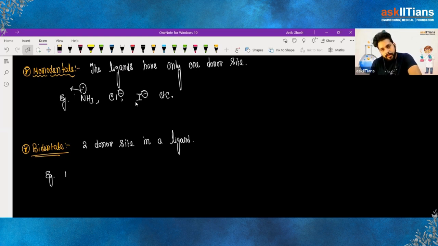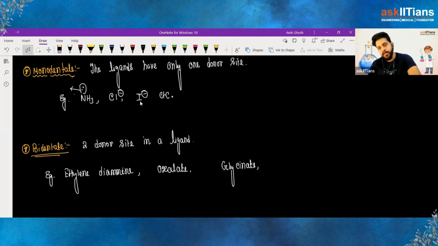One is ethylene diamine. Guys, two ammonia segments are there. I'm going to draw the structures in a minute. Ethylene diamine. Then you write oxalate. Then you write glycinate. Then you write dimethylglyoxime, DMG.